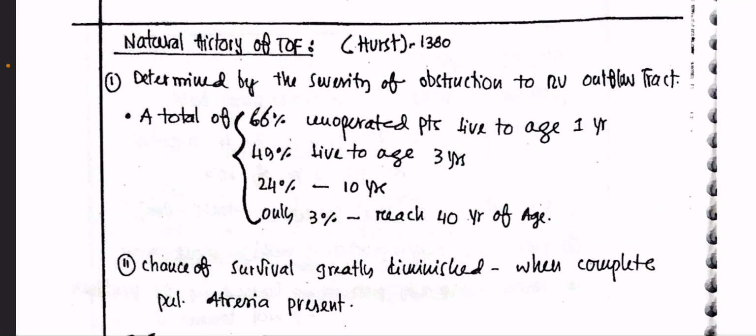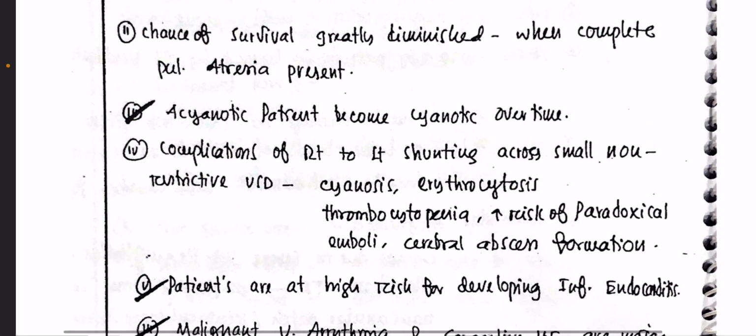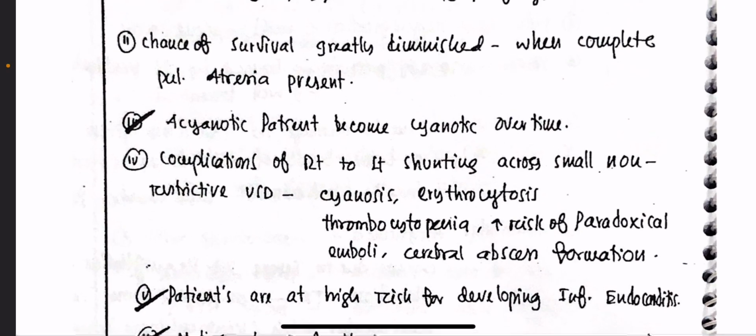Only 3% reach 40 years of age. Chance of survival is greatly diminished when complete pulmonary atresia is present. A cyanotic patient becomes more cyanotic over time.